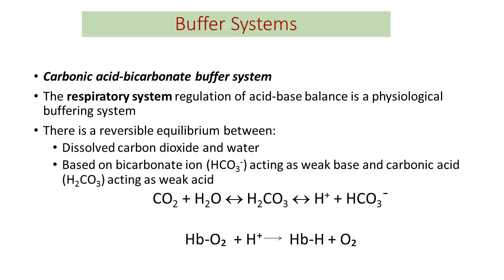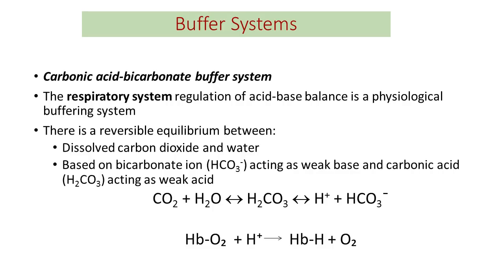So if we start with more reactants, if we had a lot of CO2, we're going to create more products on the right side. So with increasing CO2, we're going to eventually result in creating more hydrogen ions and more bicarbonate. So this is where the relationship is between carbon dioxide and pH. As we have more CO2, it results in more hydrogen ions being produced, which means it's increasing acidity.